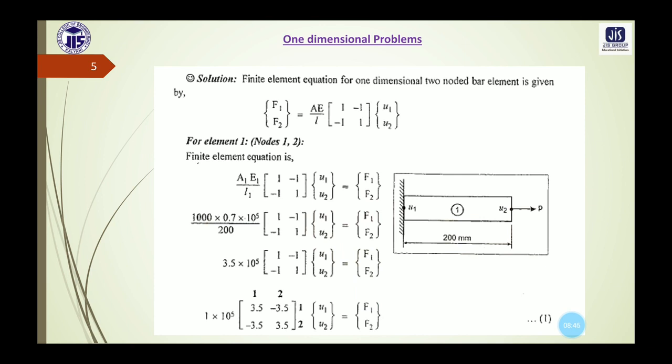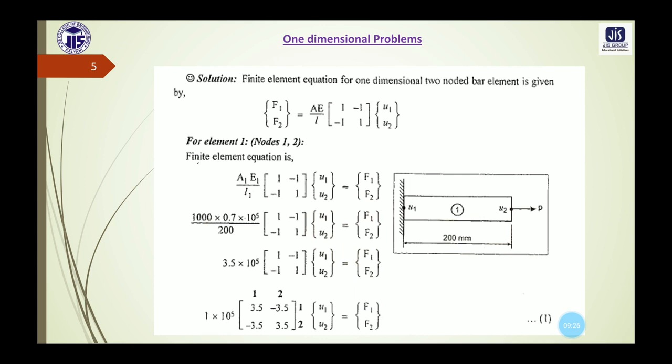Now for element 1 and element 2 we need to write this finite element equation accordingly, considering the nodes for these two different elements. Now for element 1, which has the nodes 1 and 2, we can write the finite element equation: A1 E1 by L1 multiplied by the symmetric matrix multiplied by U1 U2, that column matrix, equals the force vector F1 F2, that column matrix.